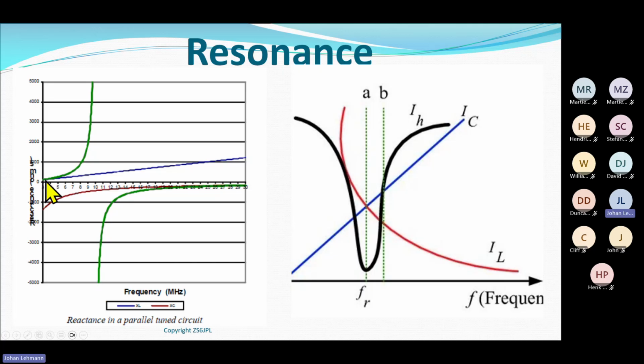So it's inductive before resonance, and it goes up to infinity when it reaches the resonant point, and as soon as it passes the resonant point, it becomes capacitive, and it flips to the other side, infinity. So this is the reaction of a parallel circuit when it resonates.